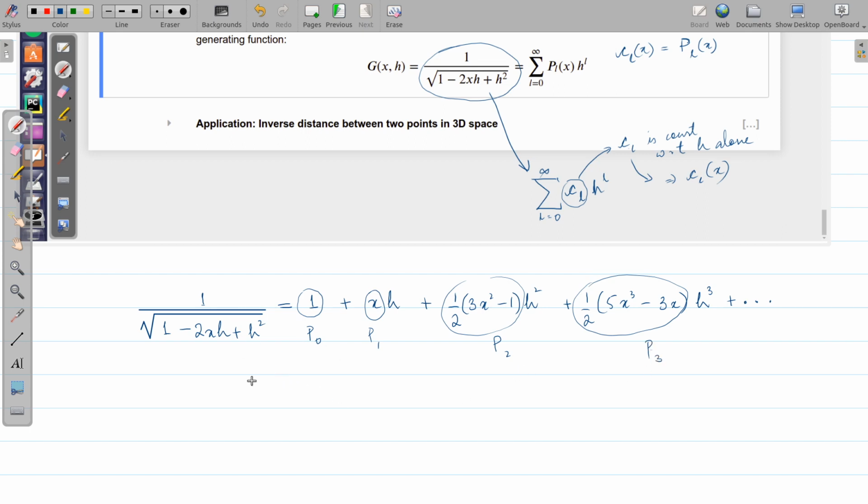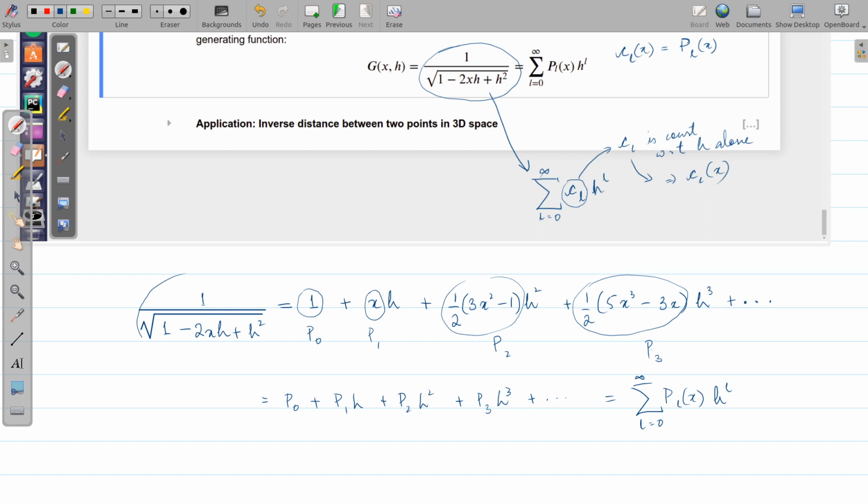So this can simply be written as P0 plus P1 h plus P2 h square plus P3 h cube and so on. In other words, we can write this as a summation of PL of x times h to the power L, where L goes from 0 to infinity.